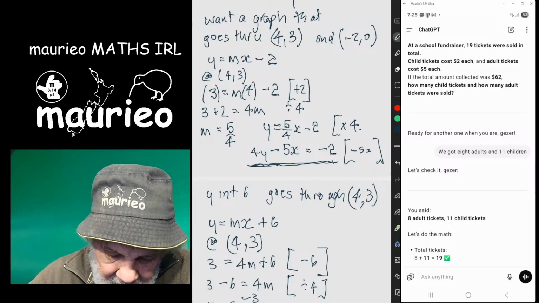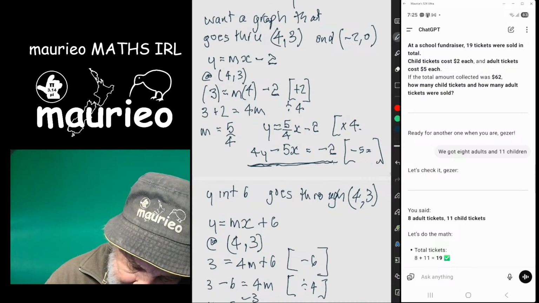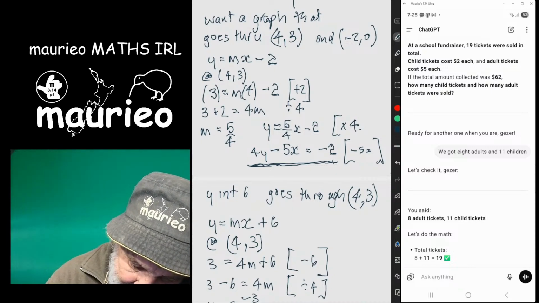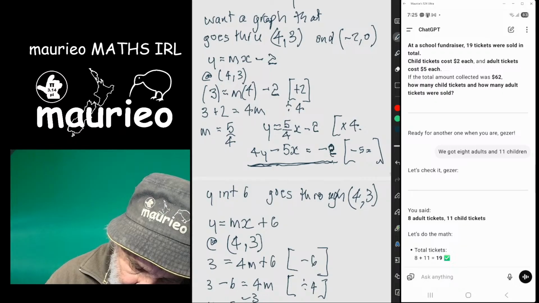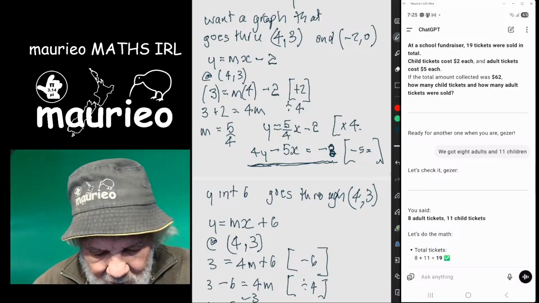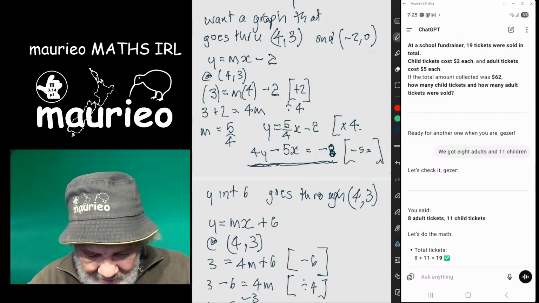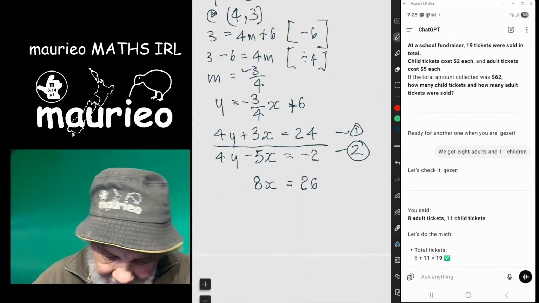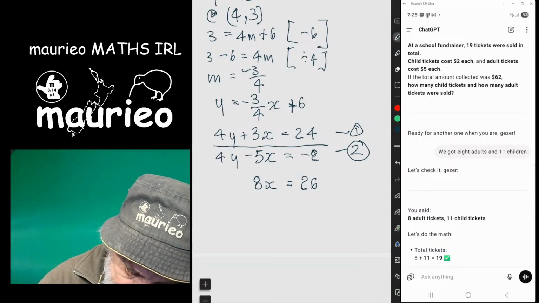Oh, 4y minus 5x. That should be 4 2s are 8. I forgot to multiply the 2 by 4. It's going to multiply everything by 4. So that would be -8. And this would be -8.